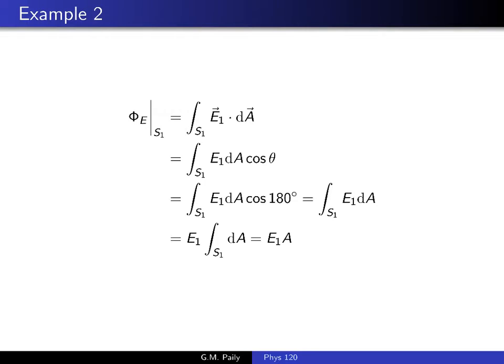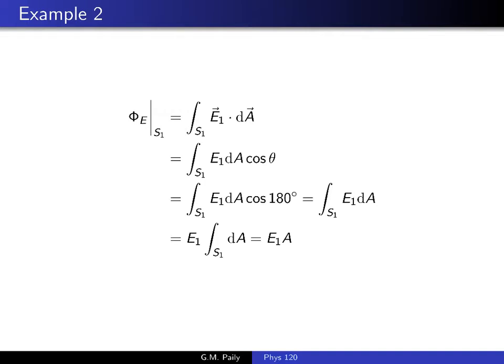Because of this, we can treat E1 as a constant on the surface S1. Because it's a constant, we can pull it out. And we are left with E1 times the integral of dA along S1. But the integral of dA along S1 is simply the area of S1. So we finally arrive at E1 times A.